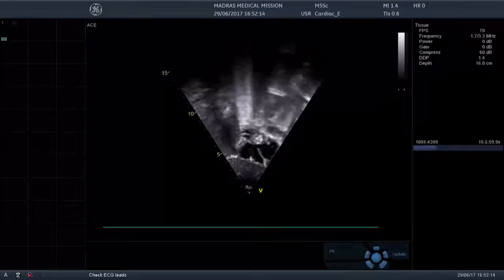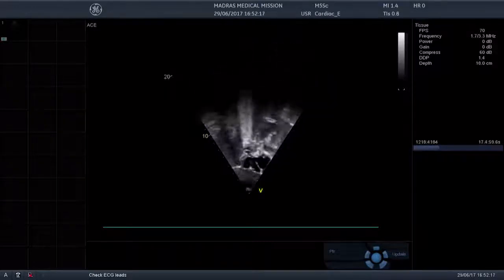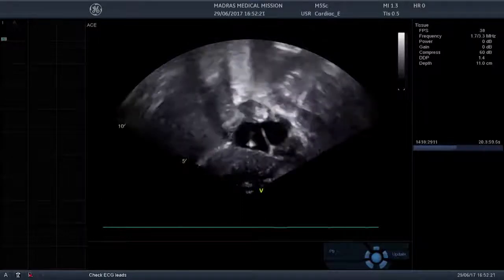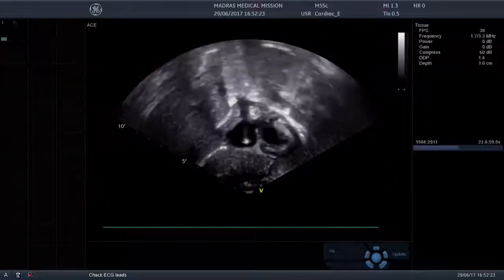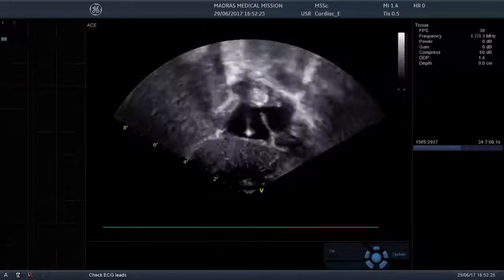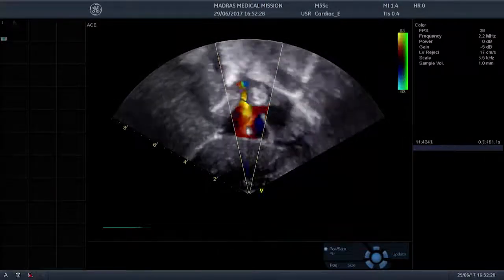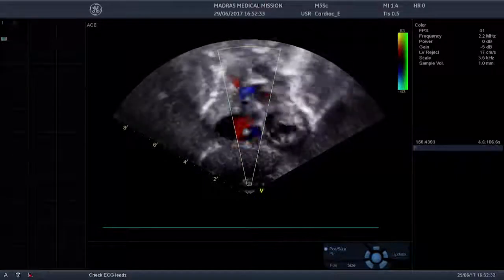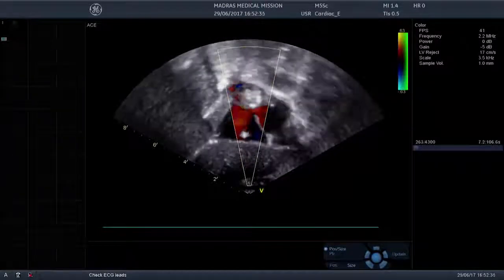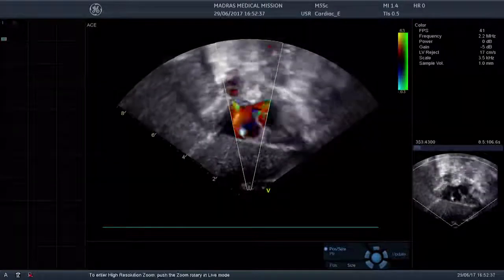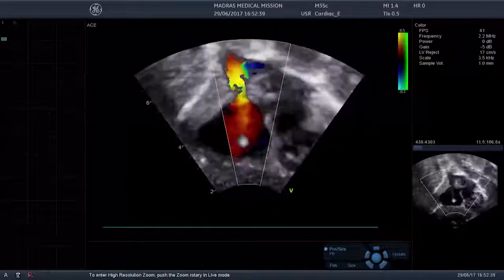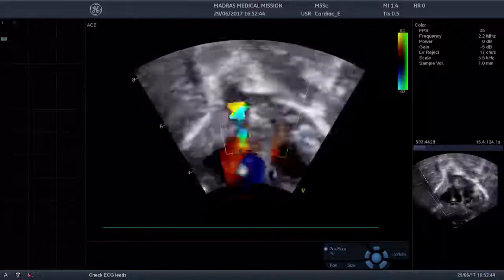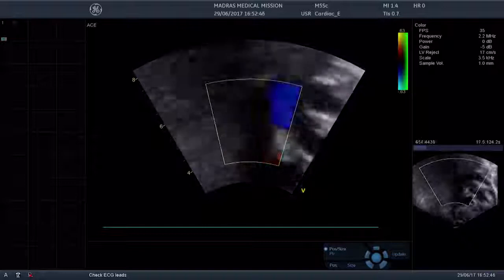Yeah, make it bigger. Make it much larger. Yeah, color. So that is the superior vena cava color into the right atrium. And we can see the right pulmonary artery, which is large. There is not much of flow that we are seeing on the color from the RPA into the LA.